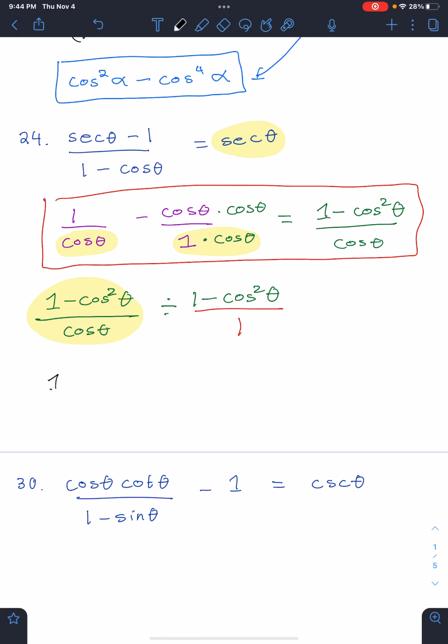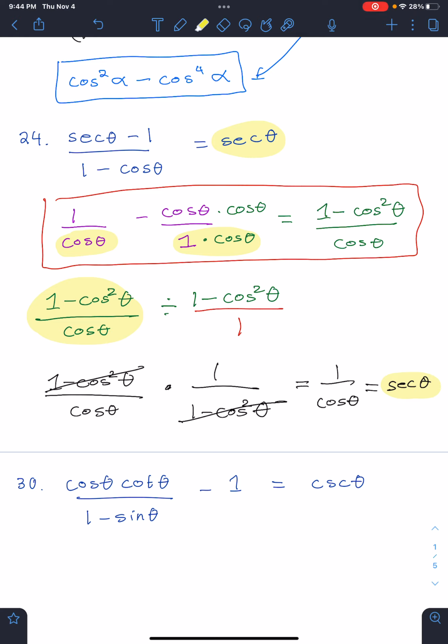I'm going to write 1 minus cosine squared theta over cosine theta times 1 over 1 minus cosine squared theta. Do we see that both of these are the same? You get 1 over cosine of theta, and then you get secant theta. So once again, the conjugate was something useful there that helped me rewrite something that appeared difficult and bleak.